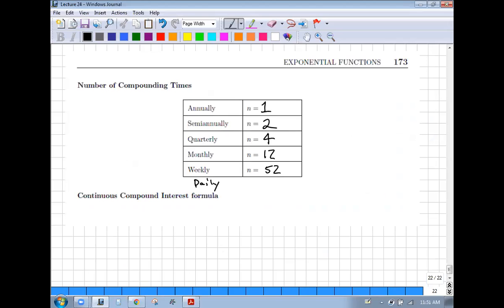Daily, n would be 365. Now, if you go to infinity, then the amount is P e to the rt, where e is Euler's number, which is 2.7 something, the natural base.